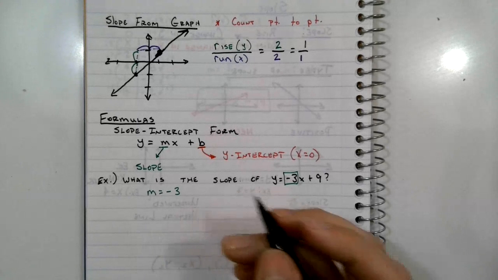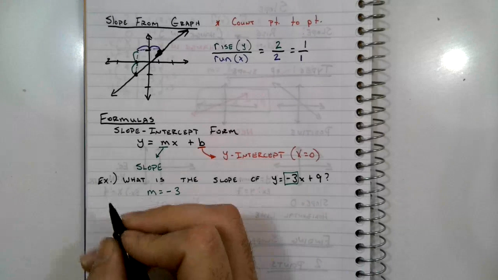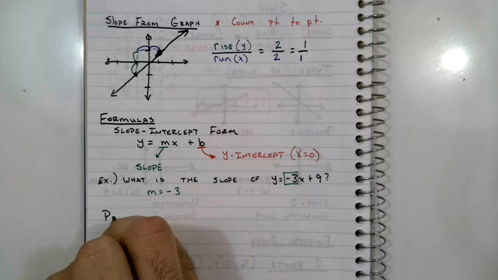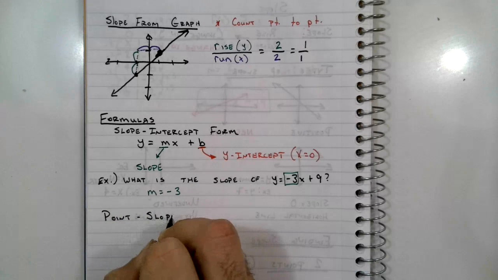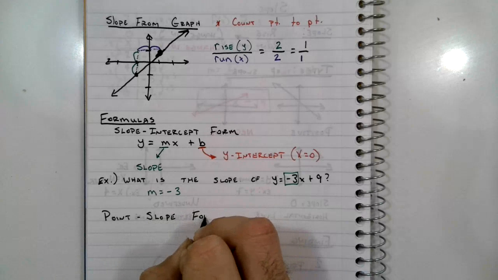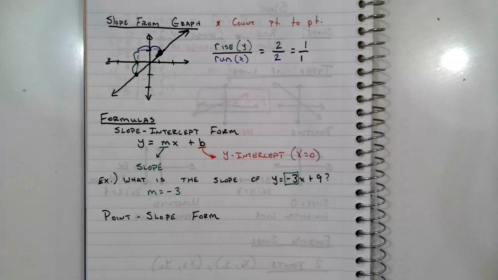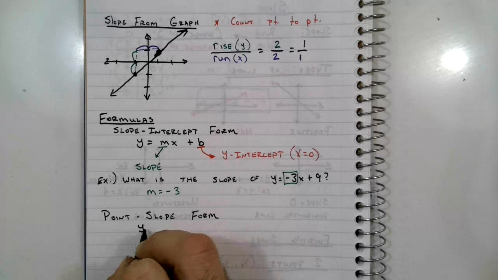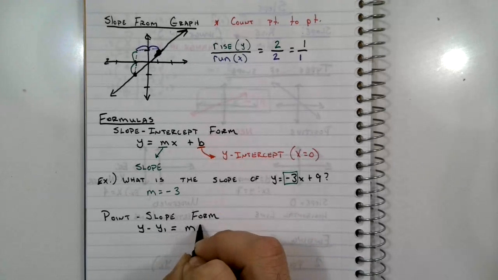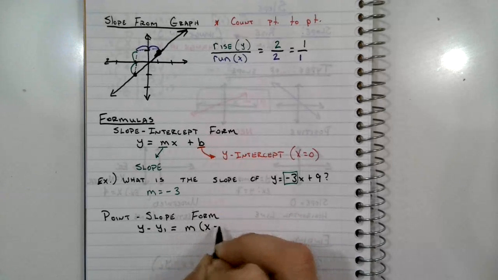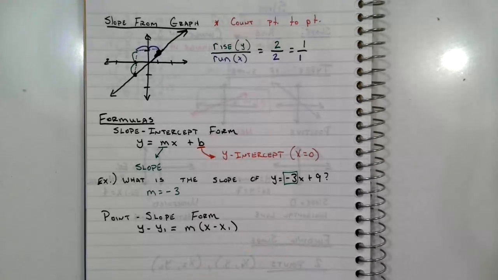Another formula is point slope form. This is y minus y1 equals m times x minus x1. Okay. Notice we have the y1 and the x1.